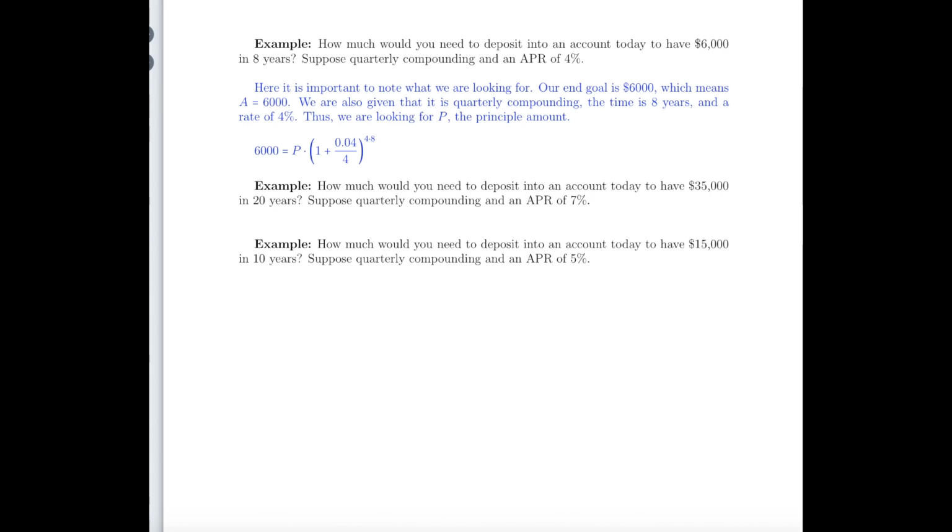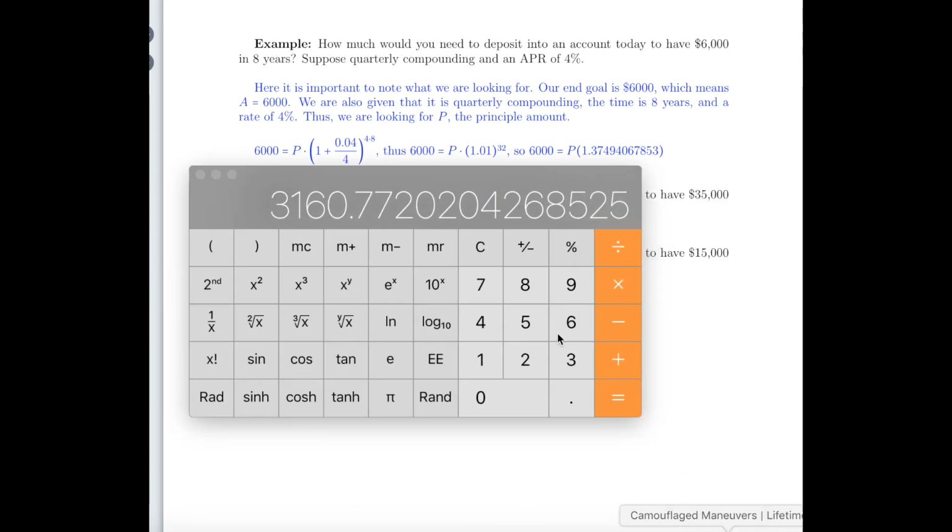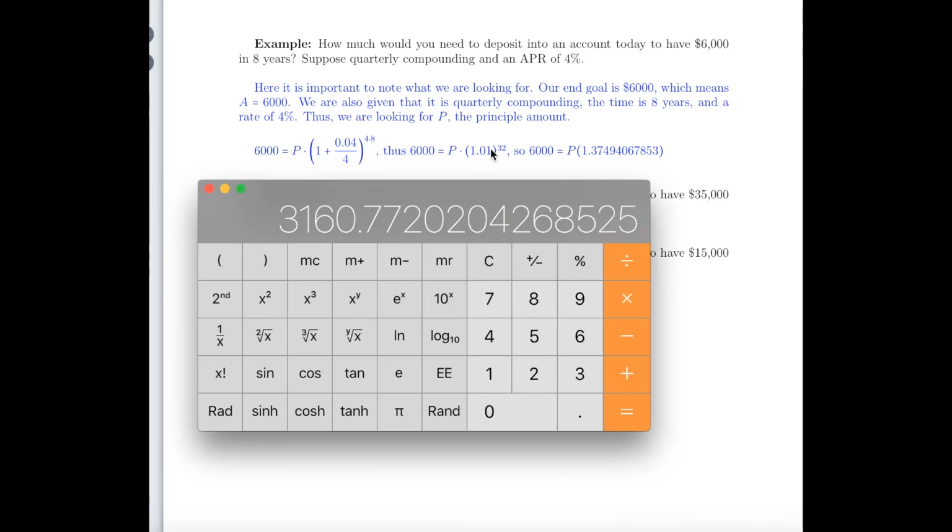So solving this for y'all, that means 6,000 equals, I did this part in my calculator right here. I'll show you how I got 1.01. If you do 0.04 divided by 4, then you add that 1, you get 1.01. So that's how I got this number, I did what was inside the parentheses.